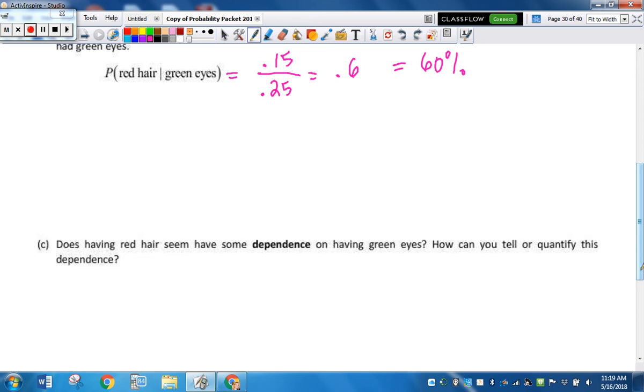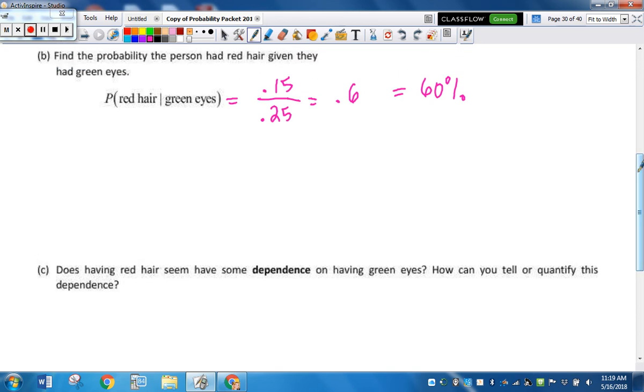All right, so look, I already know the probability of me picking someone with red hair given they have green eyes, and that's a 60% chance, right? What if I just pick out of the people that I've studied, people with red hair? What's the chance that I get somebody with red hair?